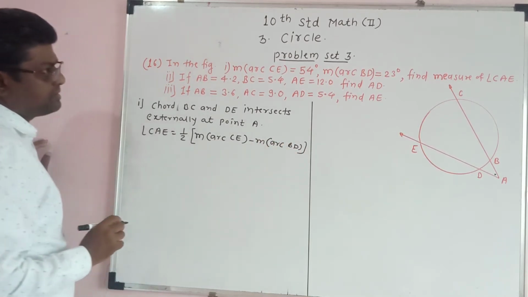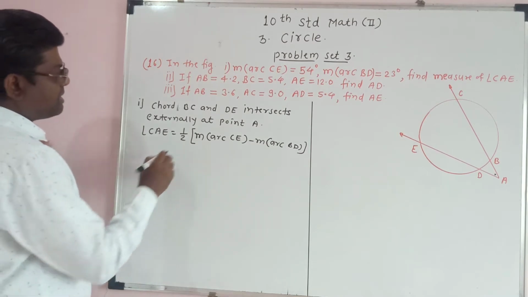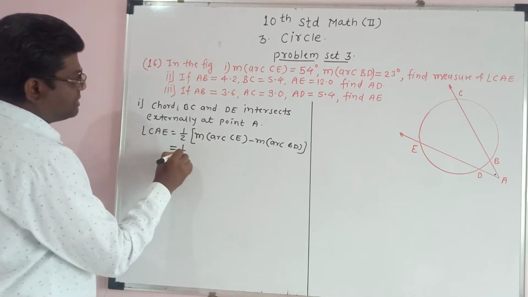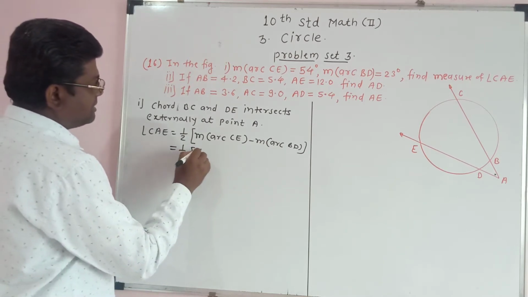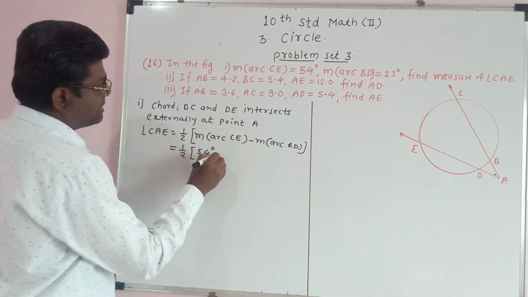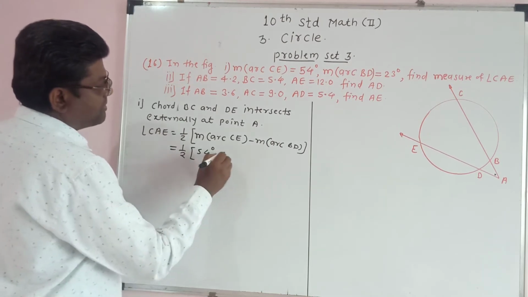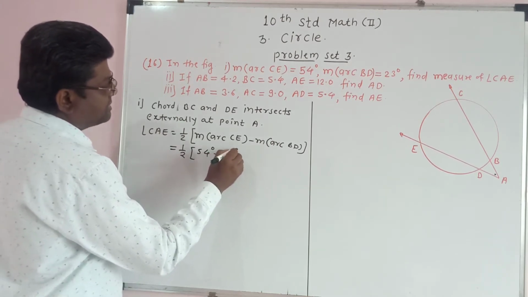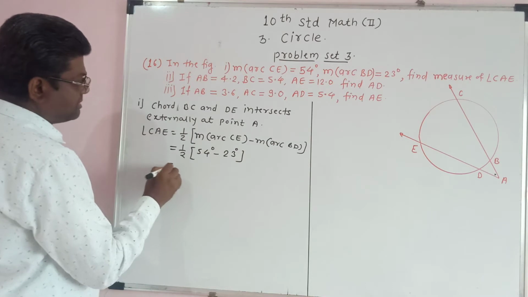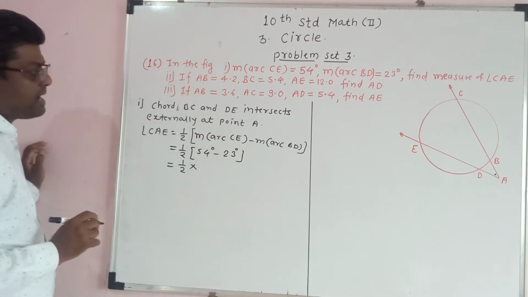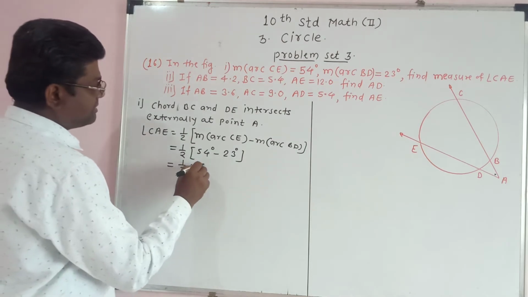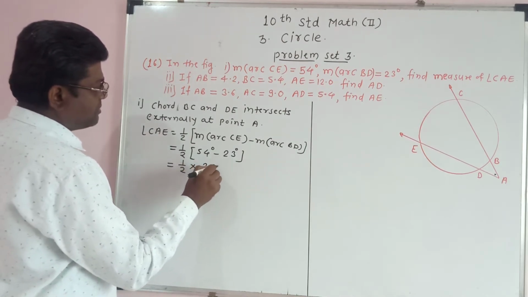Measure of arc CE minus measure of arc BD is equal to half in bracket: measure of arc CE is 54 degrees minus measure of arc BD is 23 degrees, is equal to half into 54 minus 23, which is 31 degrees.